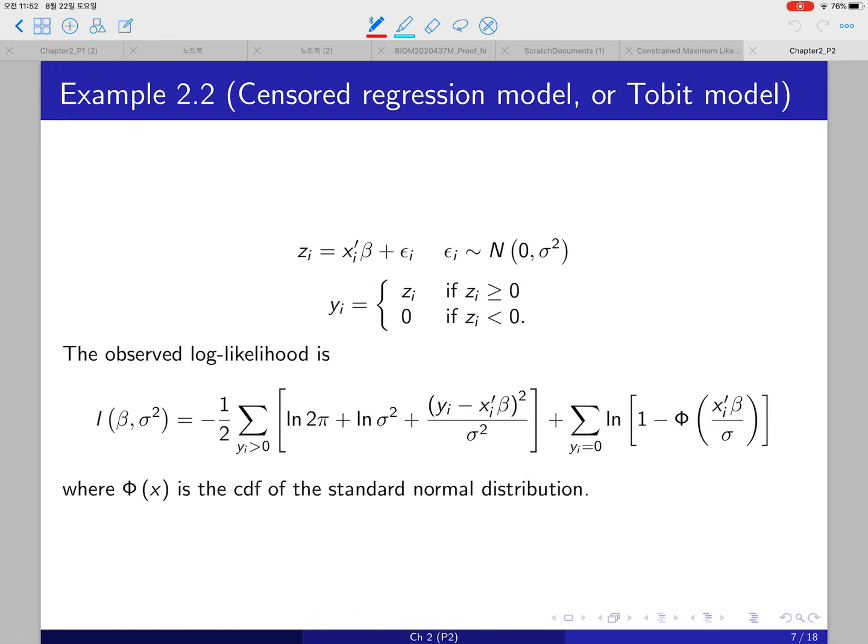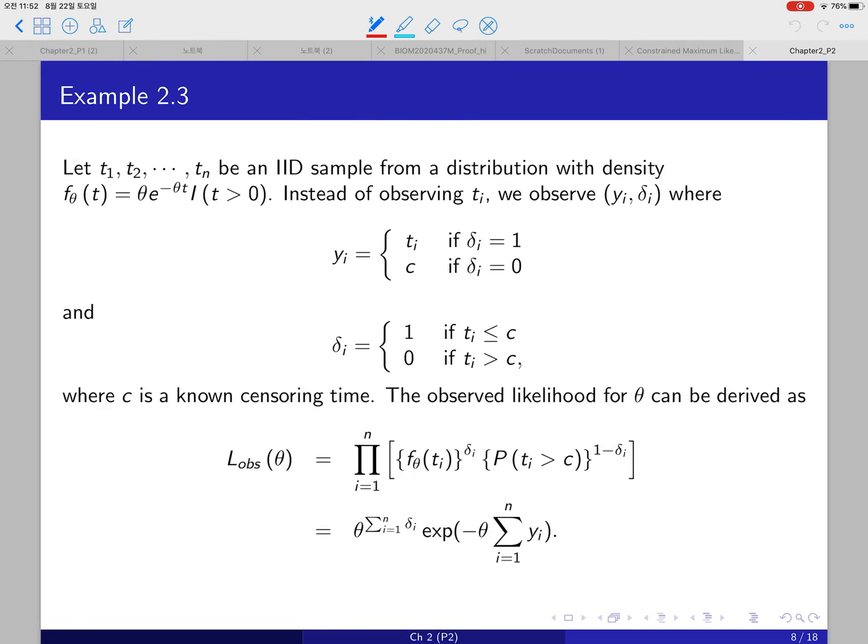Example 2.2 is a popular model, the Tobin model, and it's a very popular classical example in econometrics. Please work out for yourself and see whether you get the same answer here. We'll cover it during the live class. Example 2.3 is a censoring data example.